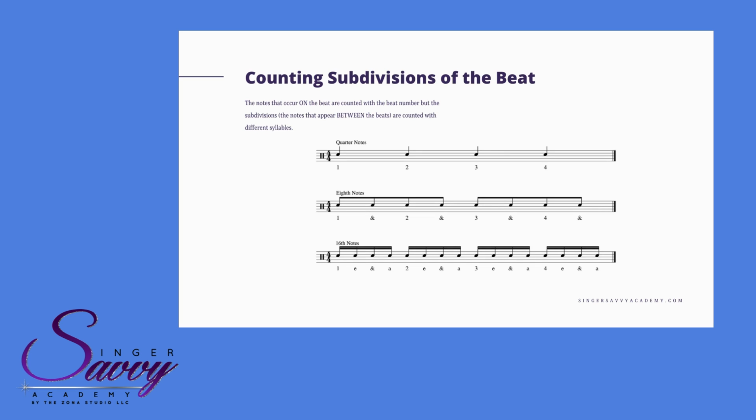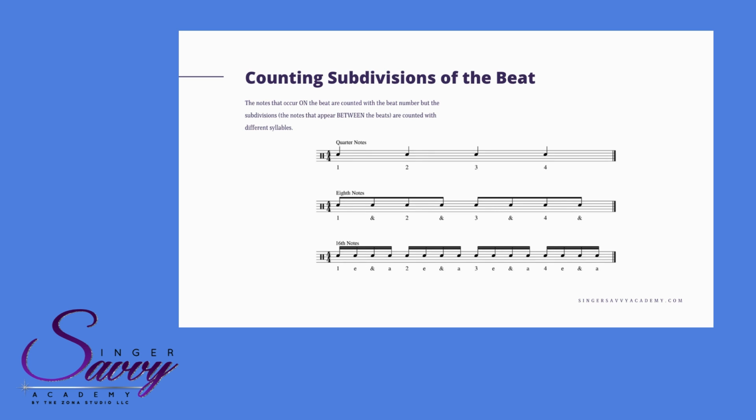So if I were to clap and count out loud these top 2 staves, this is what it would sound like. 1, 2, 3, 4. 1 and 2 and 3 and 4 and. Okay.